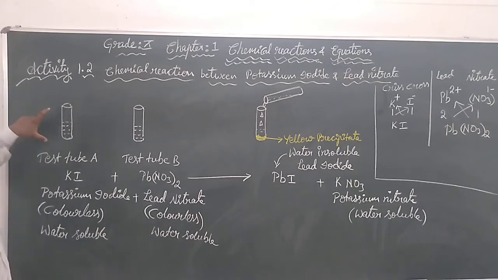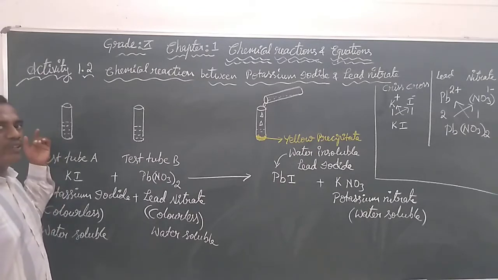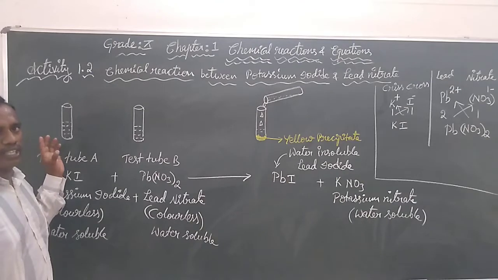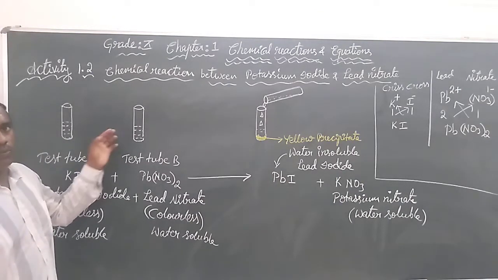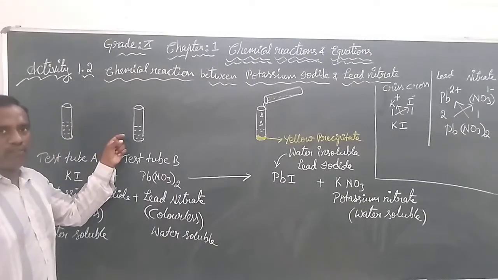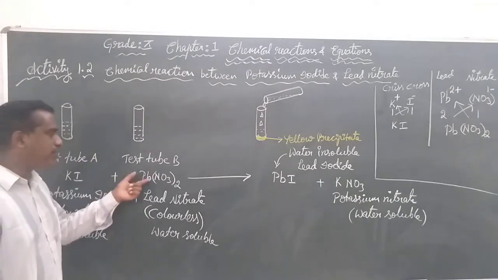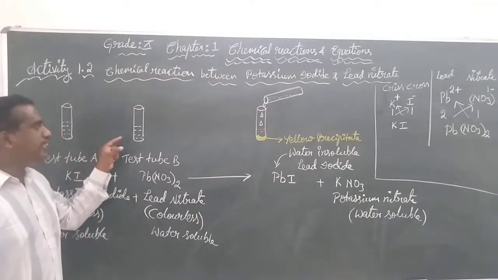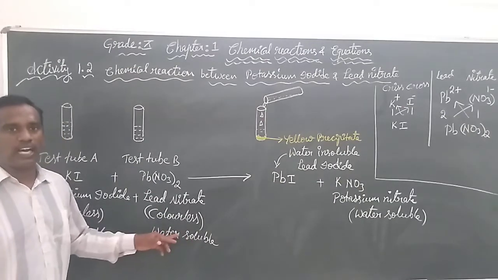We have taken one test tube. In the test tube, we filled some water. Into that water, we added some amount of potassium iodide. It was completely soluble in that water. And we are choosing another test tube. In that test tube, we have taken some water and we are going to add a little lead nitrate into it. This lead nitrate is also a water soluble salt.